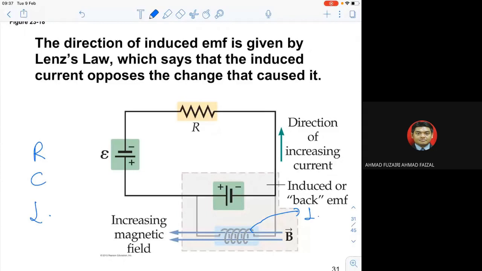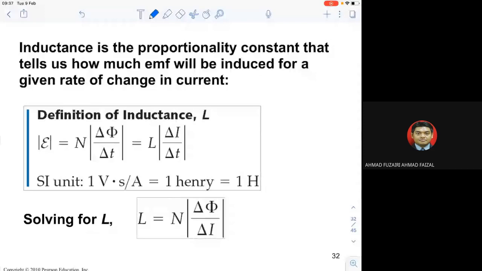The inductance is the proportionality constant that tells us how much EMF will be induced for a given rate of change in current. So EMF is equivalent to N delta flux over delta t, which is Faraday's law of induction. EMF is also equivalent to L delta I over delta t.